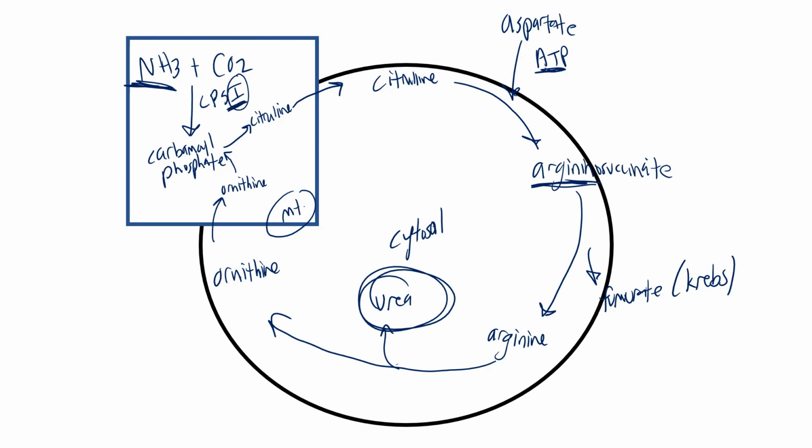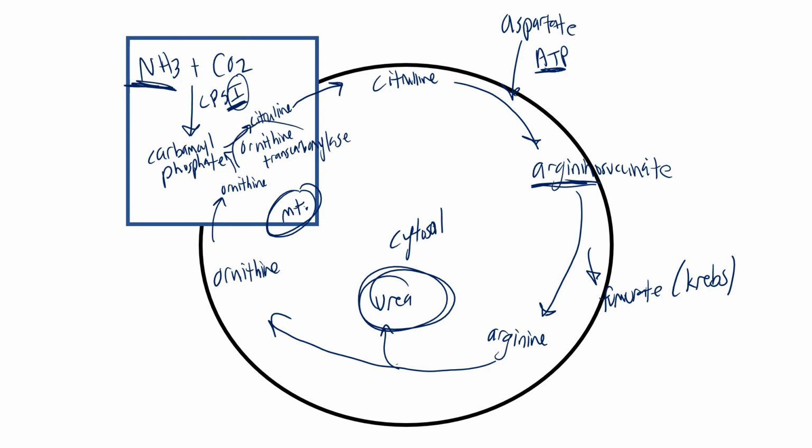Because the Roman numeral 1 looks like the letter I, so think of inside, and this is happening inside the mitochondria of the hepatocytes. So that's the first one. Then carbamoyl phosphate combines with what? With ornithine to make citrulline. Now, I didn't mention this earlier: ornithine transcarbamylase is the enzyme that does that step.